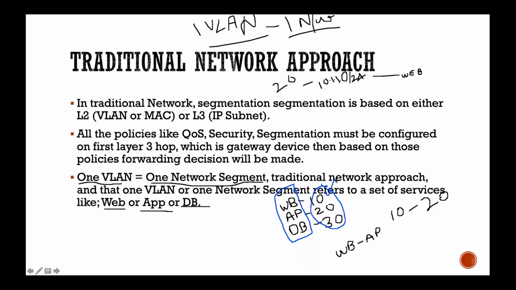They just care about 10 subnet, 20 subnet, 30 subnet. If you want to create any policy saying who should communicate to whom, you need to have these network details. That was my traditional approach, where my complete dependency is on this side of things.